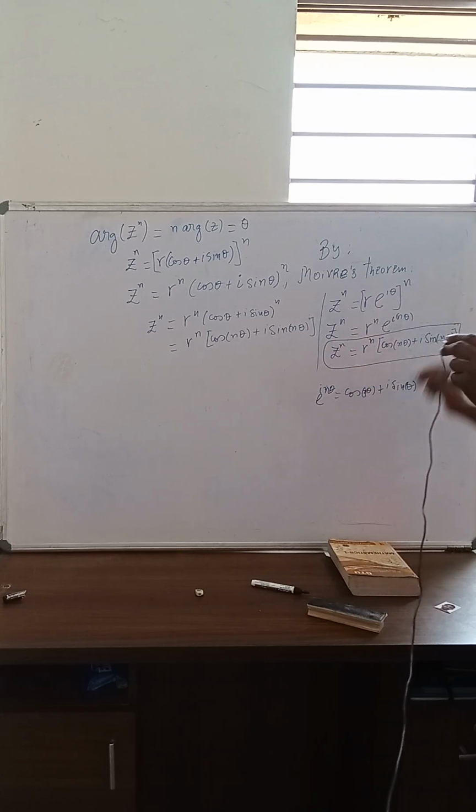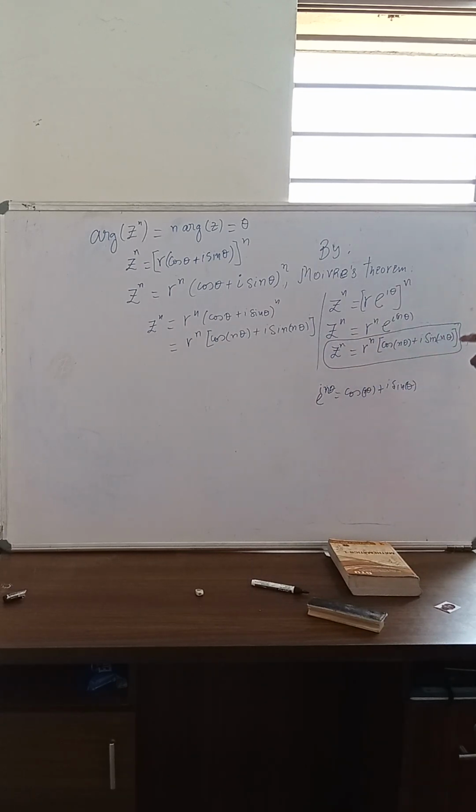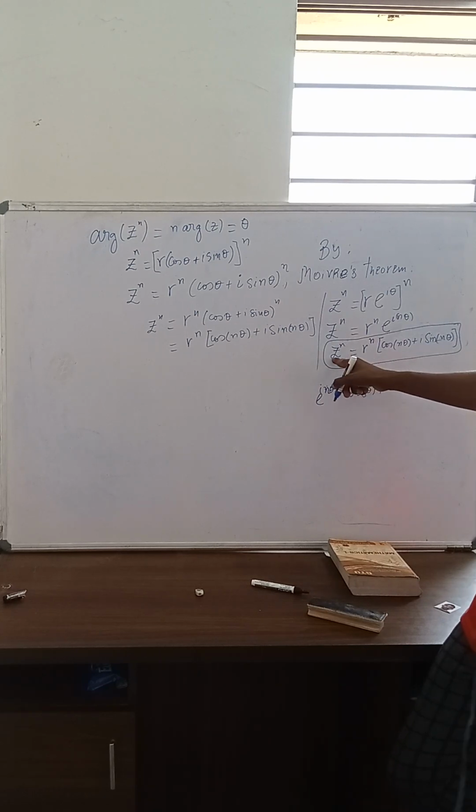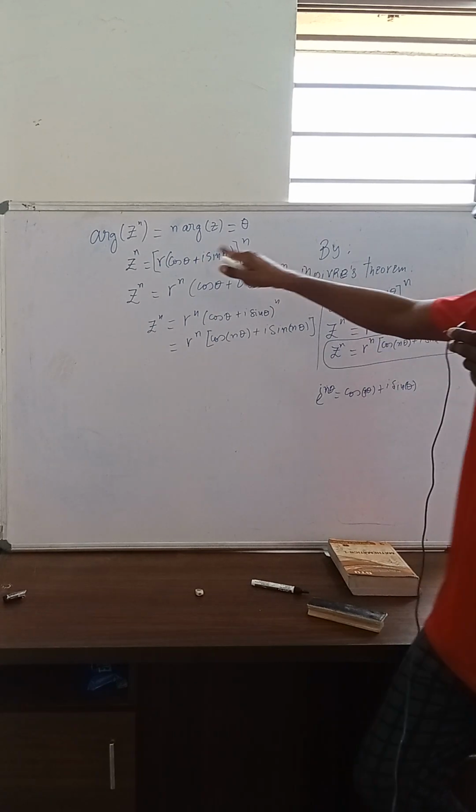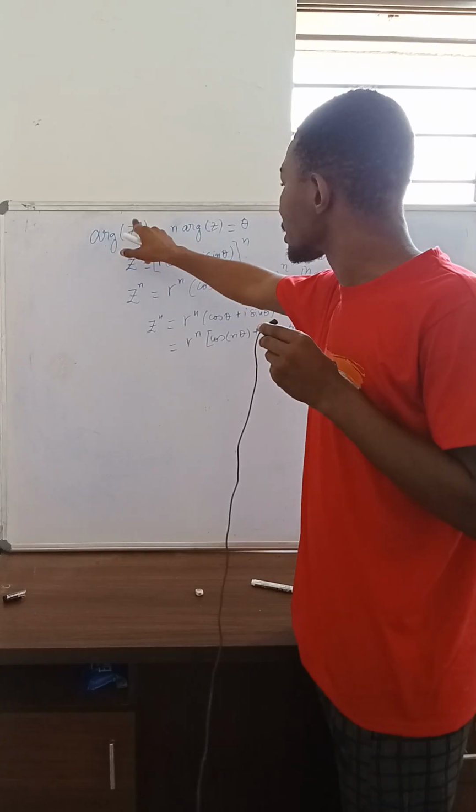So from here we can directly see what the angle for z raised to n is. When I have z raised to n, I know that the angle will be n times theta, n times the argument. So the question is, what is the argument of z raised to n?